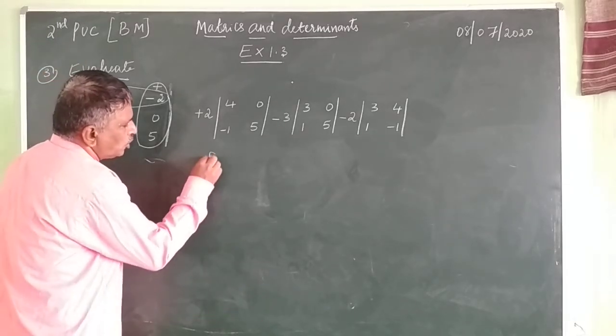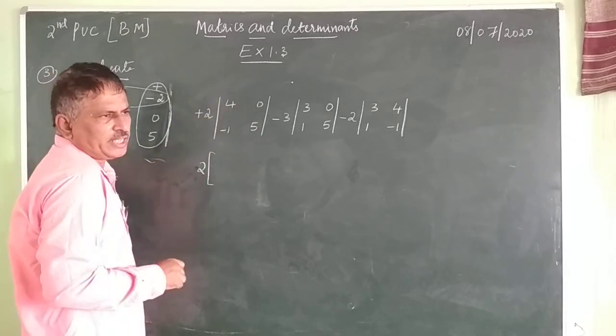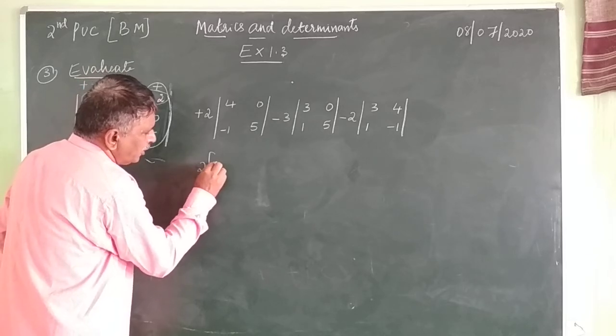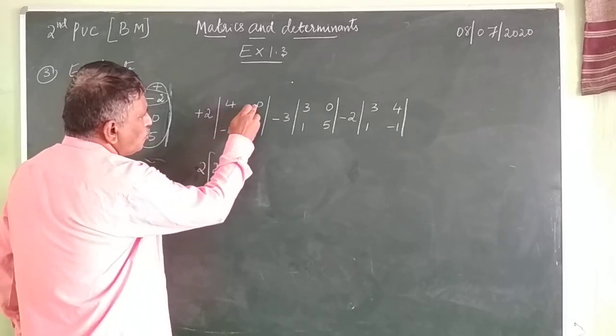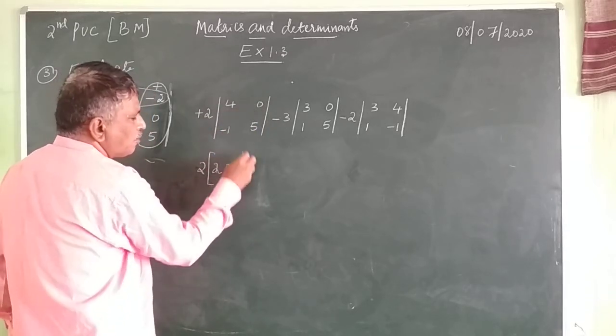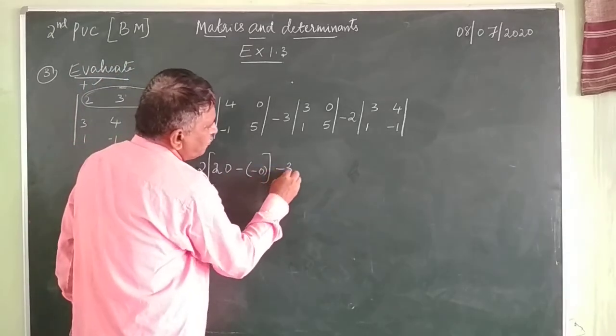You know how to solve it: the product of the principal diagonal minus the product of the secondary diagonal. So 4 5 times is 20. Minus into plus, minus 1 into 0 is 0. Minus 3.